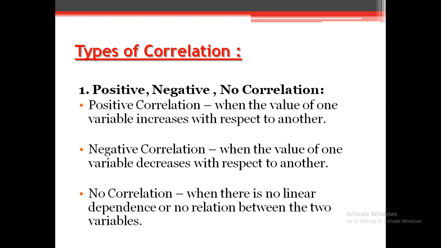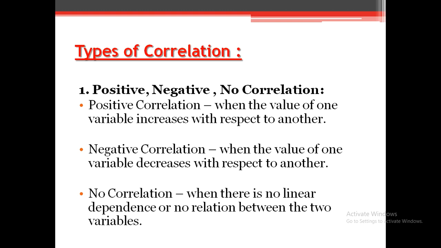Next is negative correlation. It's vice versa of positive, where the value of one variable is decreasing with respect to another. For example, if we are purchasing bread, then definitely we will not go for sugar. If we are purchasing bread, we will purchase milk or butter or jam.